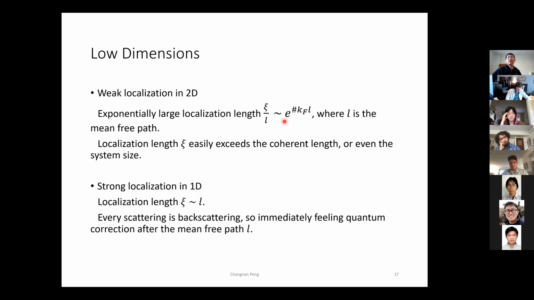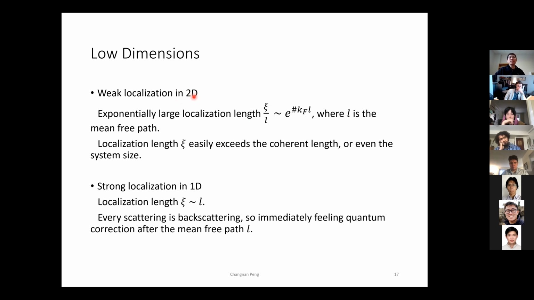So we can see e to this kFL can be a huge number. So even though the mean free path is a microscopic value, this localization length psi can be a macroscopic value. So it might easily exceed the system size or exceed the coherence length.